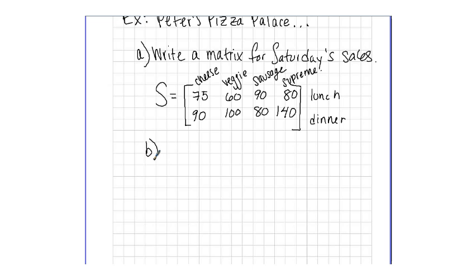So Saturday's probably a big pizza day for Peter, but Peter is expecting to only sell 90% of those pizzas on Sunday. So Peter is expecting to sell 10% less pizzas on Sunday than he does on Saturday.